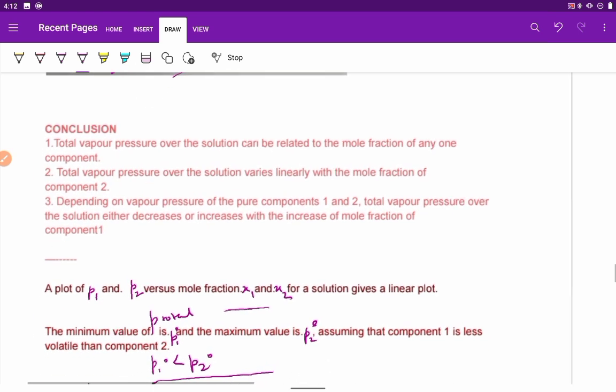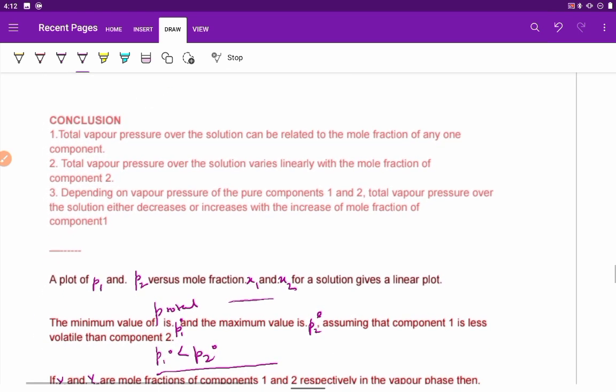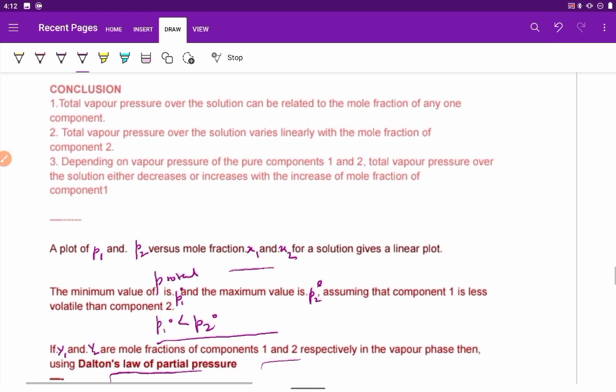Now if we see the plot of P1 and P2 versus mole fraction x1 and x2 for a solution, we get a linear plot. The minimum value of P total is P1 naught and maximum value is P2 naught. Here we assume that component 1 is less volatile than component 2, so P1 naught is less than P2 naught.